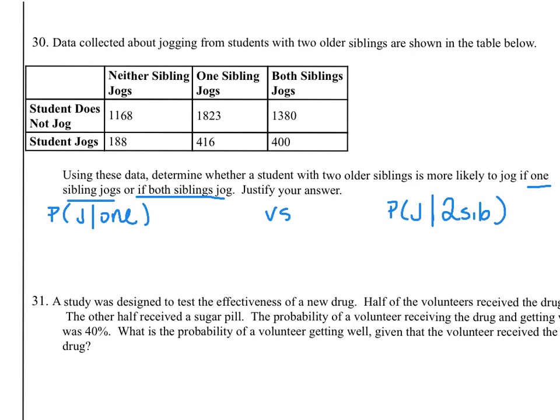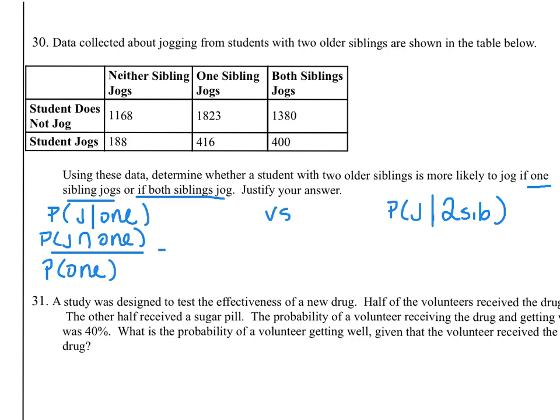So remember the formula for given. So in this case, let's just look over here. It would be the probability of you jogging and having one sibling over the probability of having one sibling. Okay, so let's go up here. The probability that you jog and have one sibling would be this 416 right there. So the probability of jogging and having one sibling over the probability of one sibling.